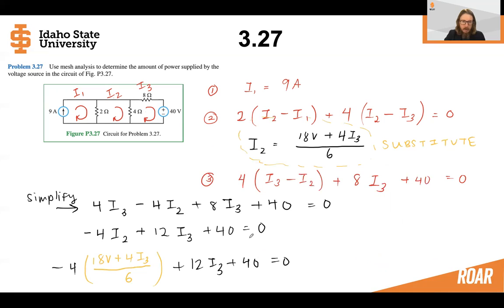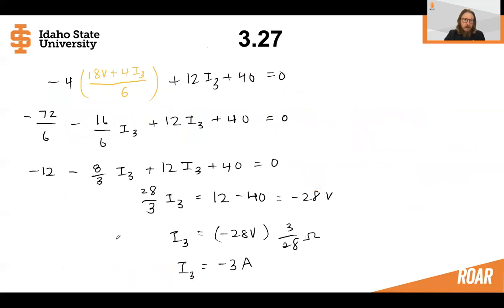Now that we have an equation that's simplified with I2, and we also have an expression for I2, let's substitute this in. So let's take this expression and put it right here and solve for I3. It will take several steps, but if you solve for I3, we get minus 3 amps.